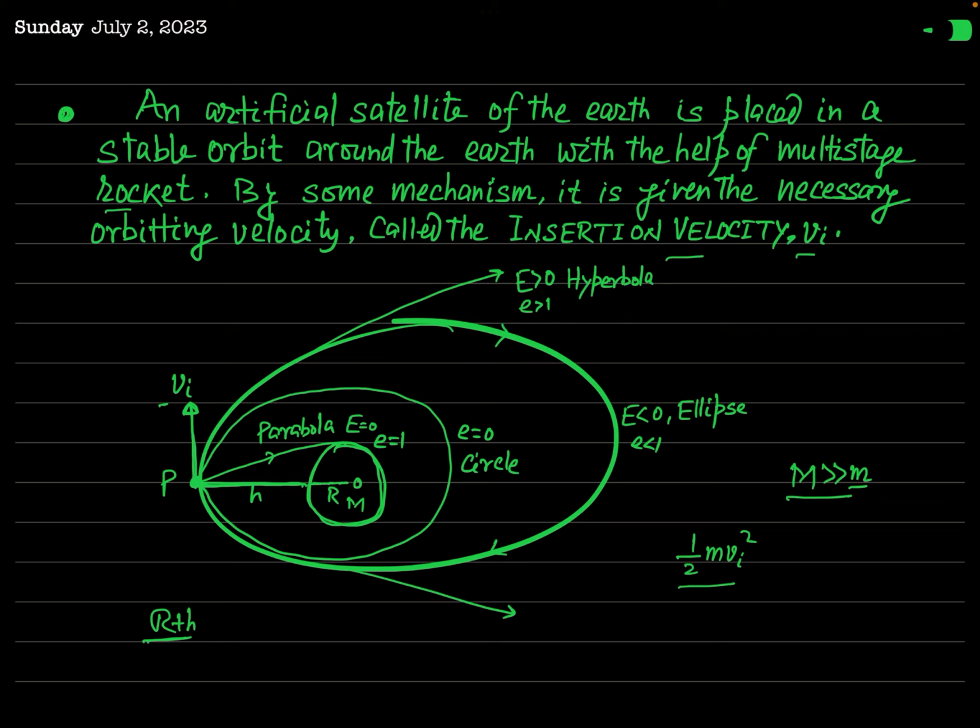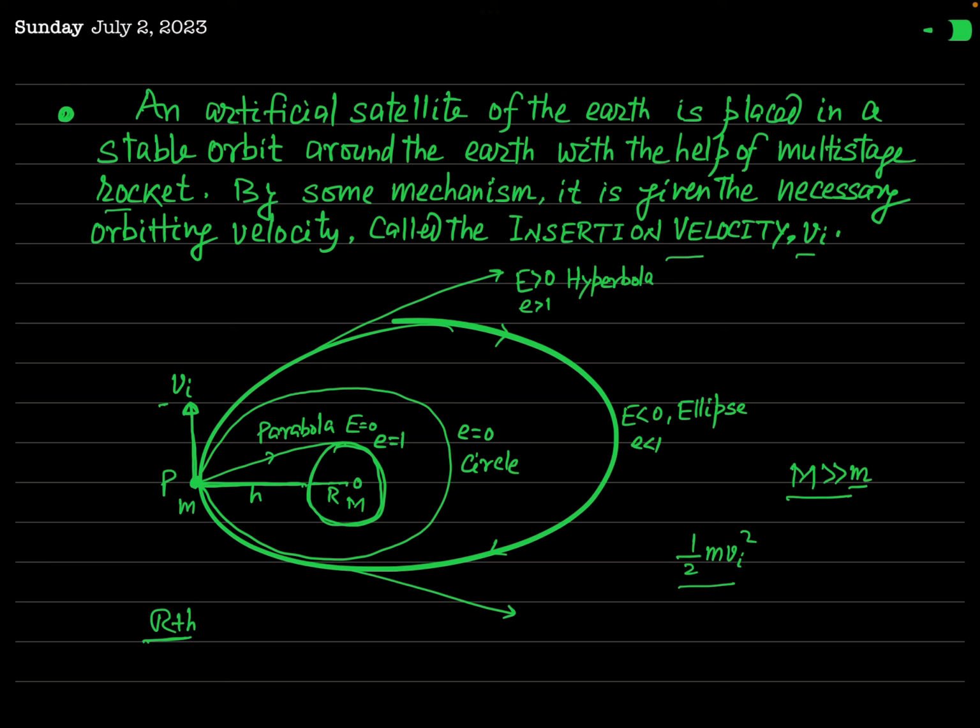And apart from this, there will be a gravitational interaction between the earth and this satellite of mass small m. So there will be gravitational potential energy in this system. And since the earth is spherical and the satellite is situated at a point outside the surface of the earth, we can treat the total mass of the earth as concentrated at its center.